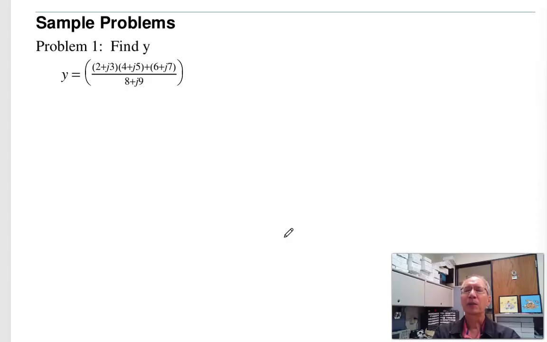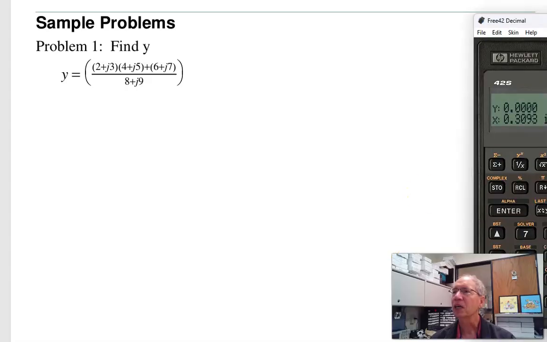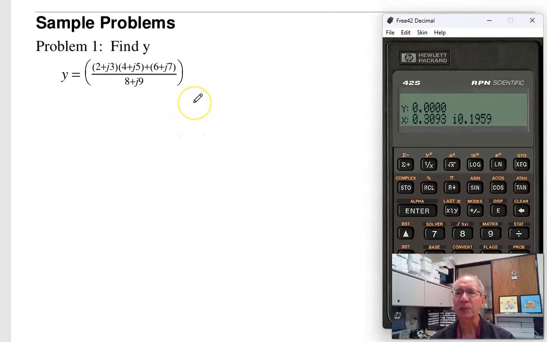Now, here's a problem that you're going to run into in electrical engineering, especially when you get to circuits 2. Solve this. This is where you really need a calculator that can handle complex numbers. Take a little bit of time to solve this problem. Now with the calculator, what I would do is input the numbers. 2, enter 3, complex, here's the first number. 4, enter 5, complex.